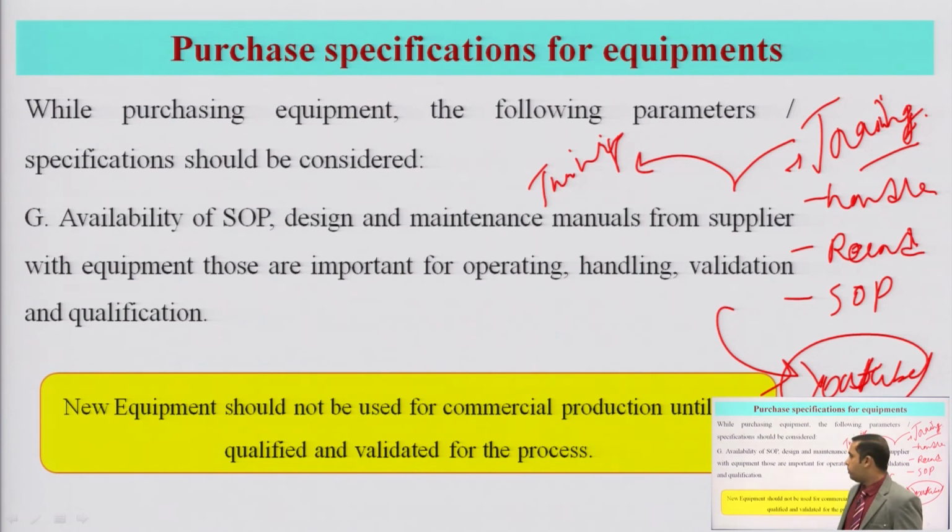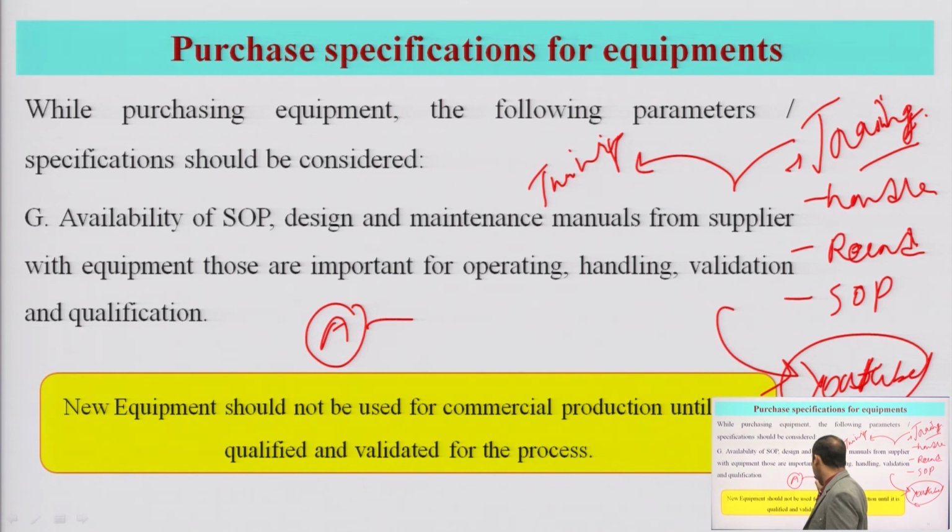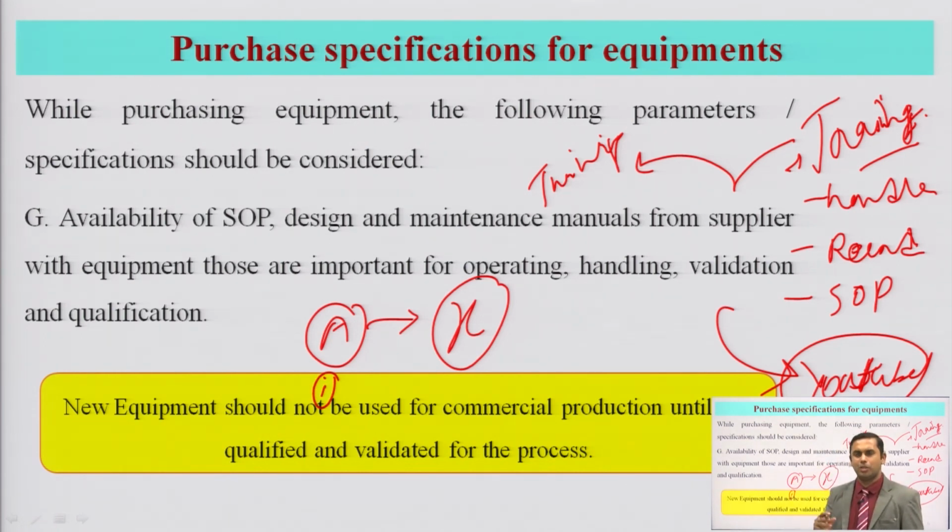For example, you have a company called A, and this pharma company A is purchasing a compression machine from company X, and here I am writing that I am a production chemist. The compression machine that they are going to install in this company, they will give proper training for that.